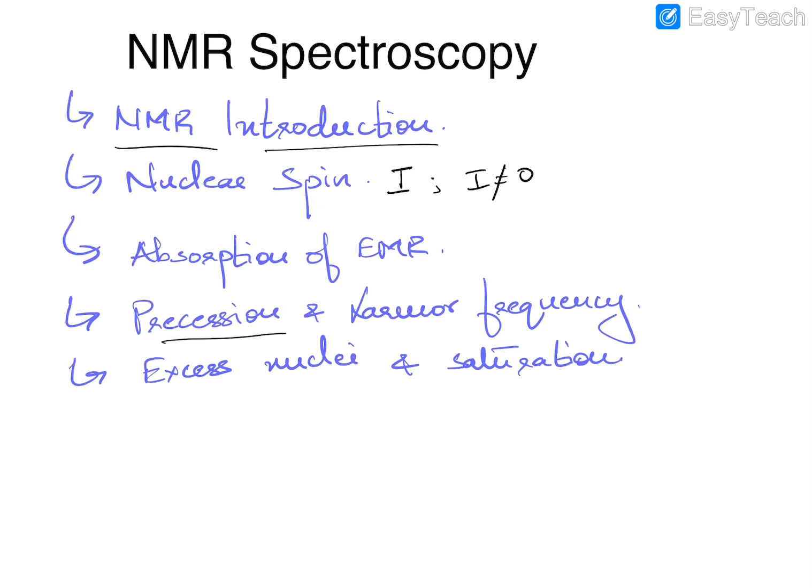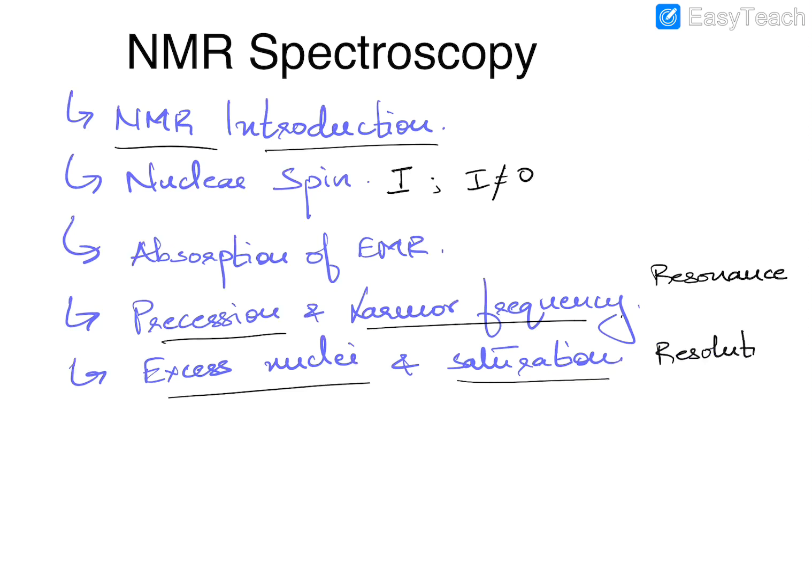We also discussed concepts of precession and Larmor frequency, and we discussed the criteria for absorption, which also happens to be a resonance criteria, and that's probably the reason why we have the term nuclear magnetic resonance associated with this spectroscopy technique. Finally, we came across excess nuclei and saturation as a concept that helps in resolution of the spectrum.